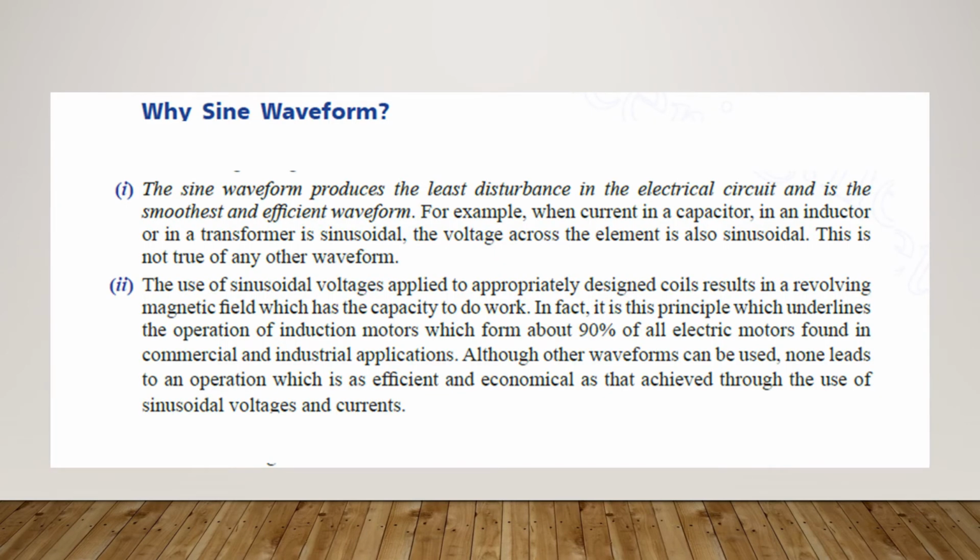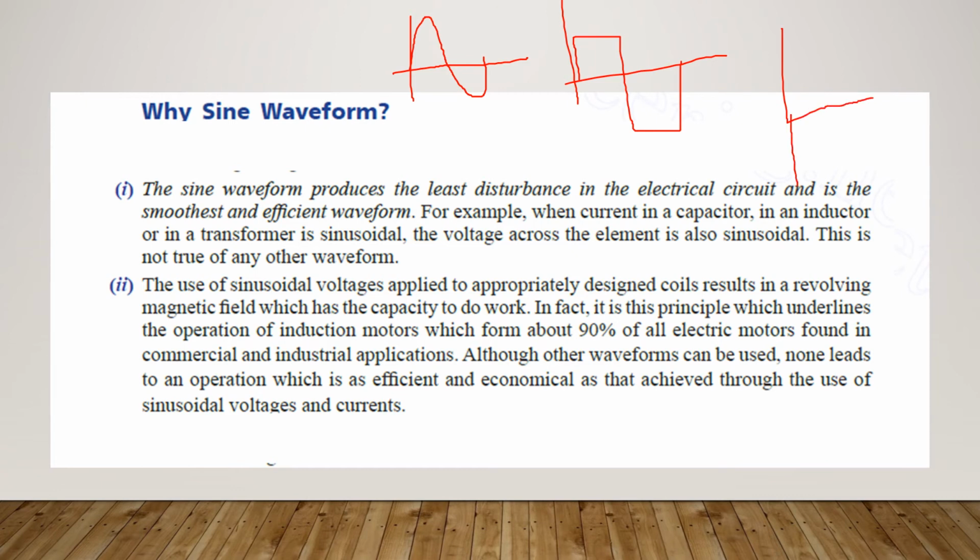Why do we represent a sinusoidal waveform? Why are we only using a sine wave, as we know that we even have a square wave and a triangular wave, all other waveforms? Why do we use only the sine wave? The perfect answer is that it is the smoothest and most efficient waveform compared to other waveforms.